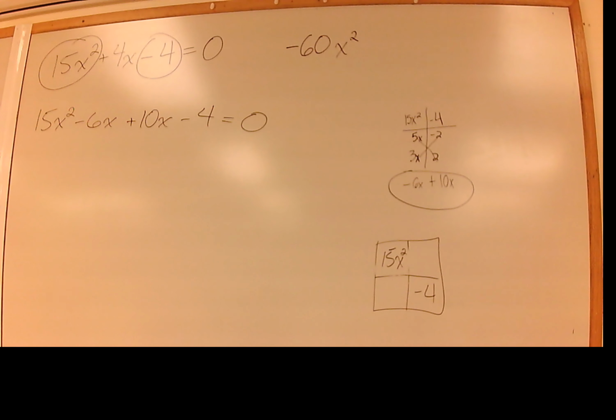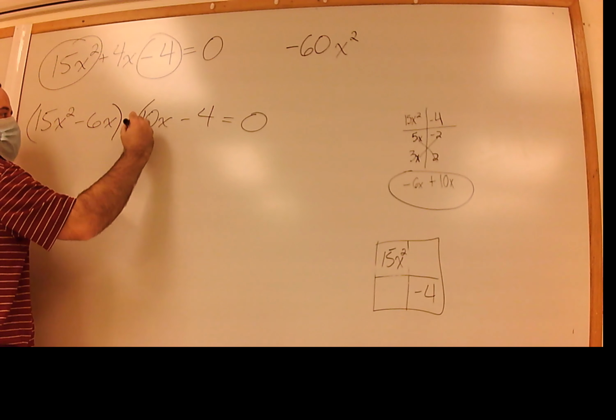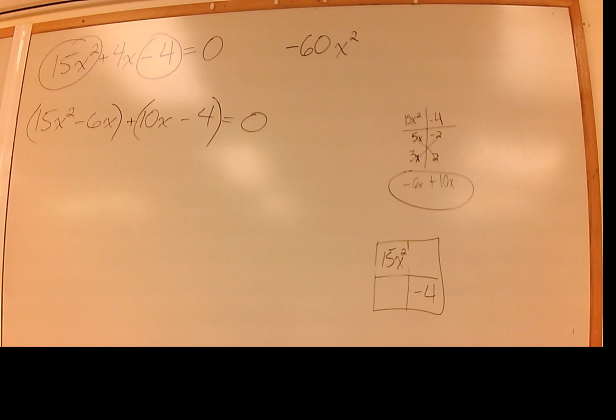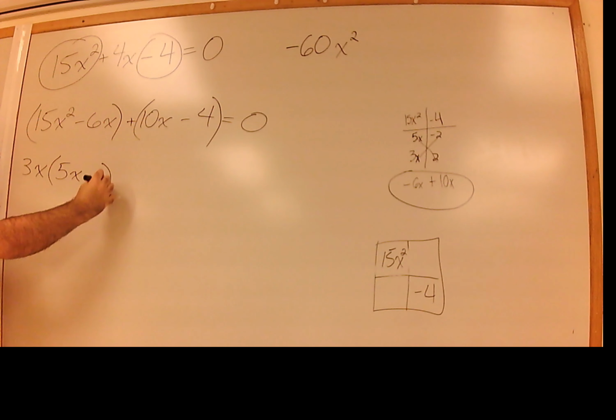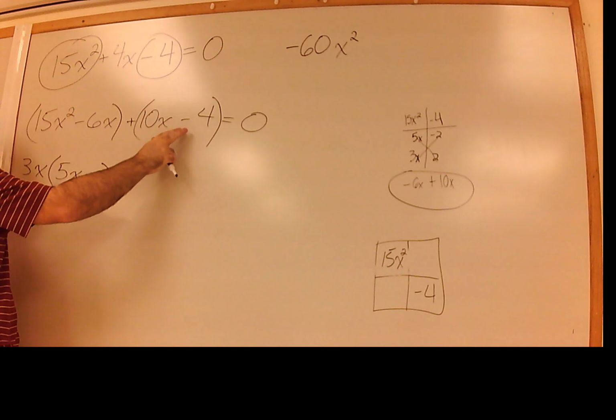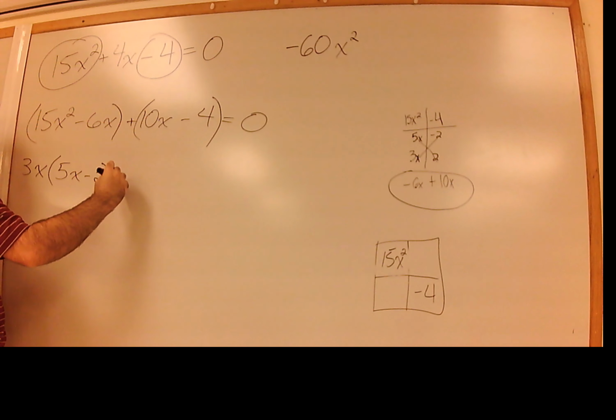And then the nice thing about that is you can factor by grouping. So you look to see what you got in common with these two terms. So what we got there? We got a 3 and an x. 5x minus 2. And then we got a 2 in common here, a positive 2.